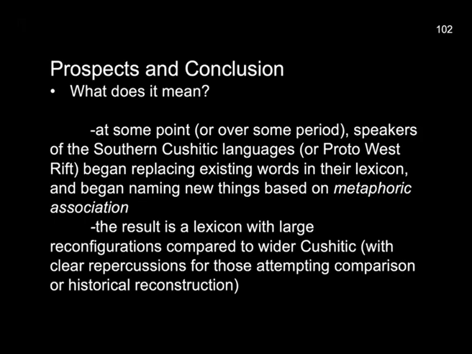They also used this process to name new items and concepts, perhaps the idea of a braided rope as being a new form of technology, or the color green as being a new lexical coining. This has resulted in a Southern Cushitic lexicon whose contents are markedly different from languages from wider Cushitic more generally.